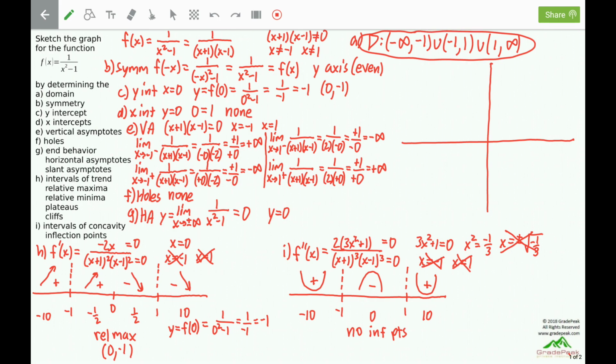And we had found those to be vertical asymptotes, so we will graph those as vertical asymptotes on here, usually indicated by dashed lines.